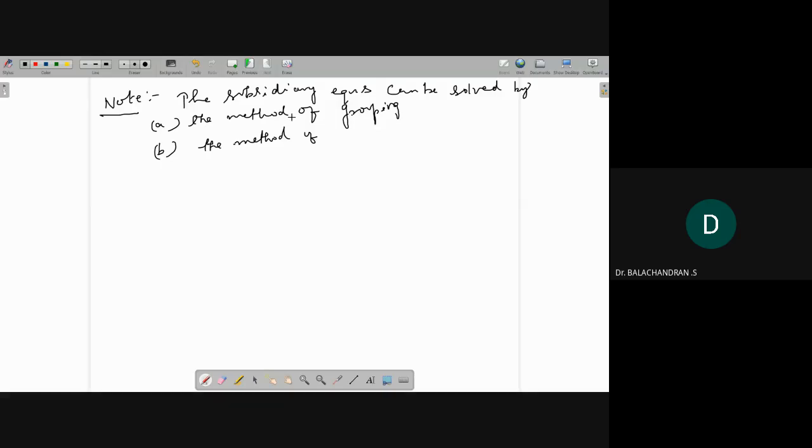The method of grouping is a little bit easier than the method of multipliers. Sometimes if you can't use the method of grouping, you need to go for the method of multipliers.